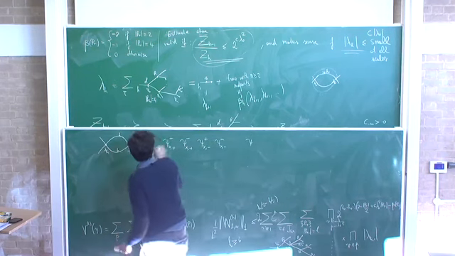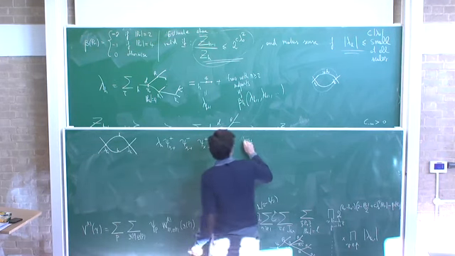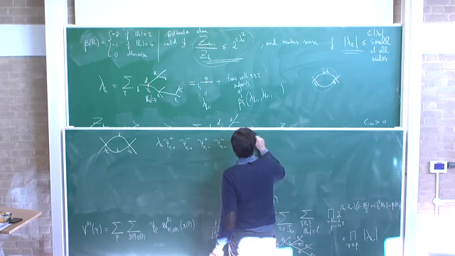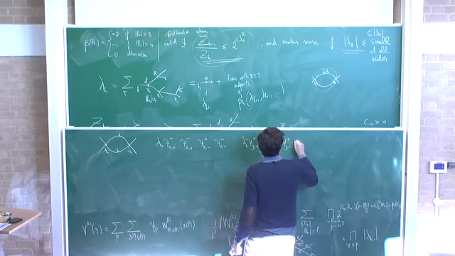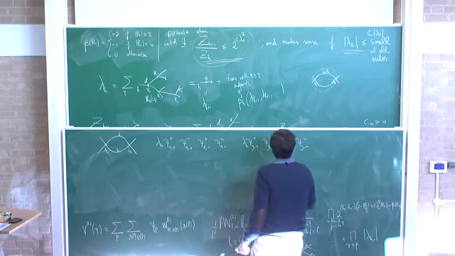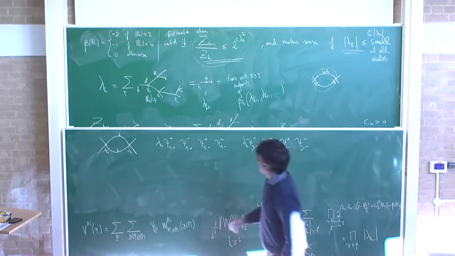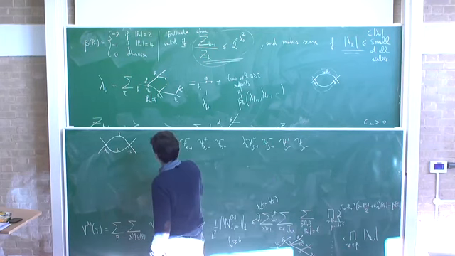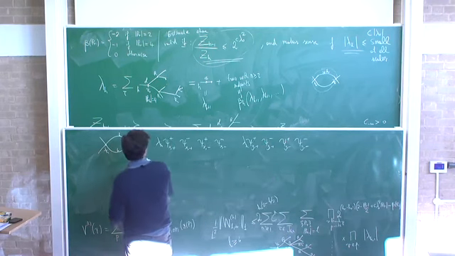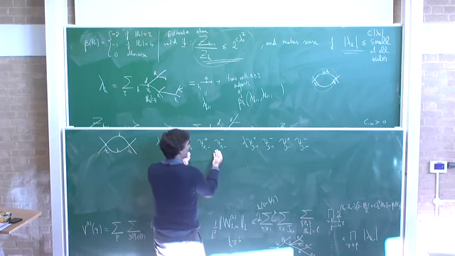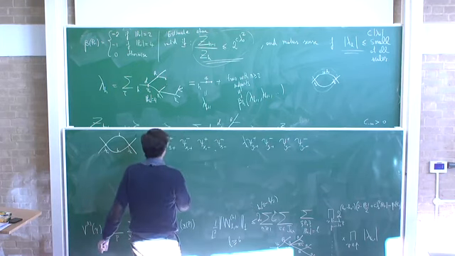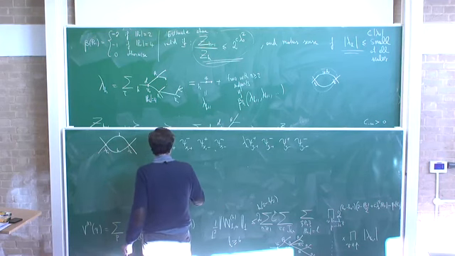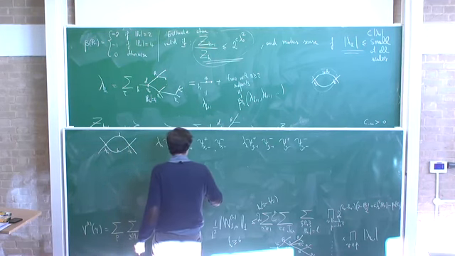You see, you start with this guy and this guy. At the end of the day, you have to choose 2 guys to pair with 2 guys in such a way that the external guys have exactly this kind of labels.